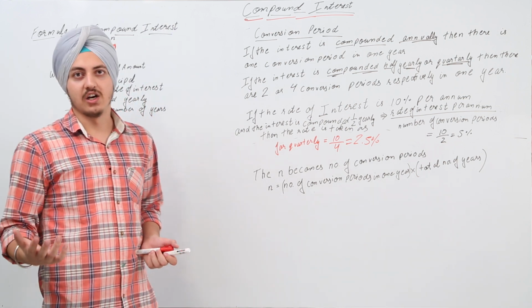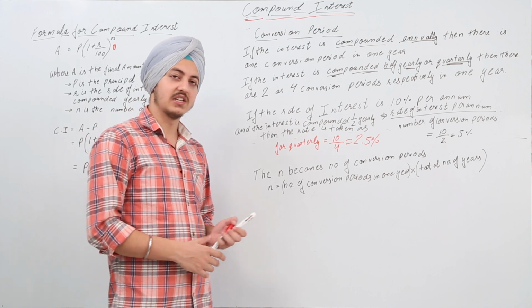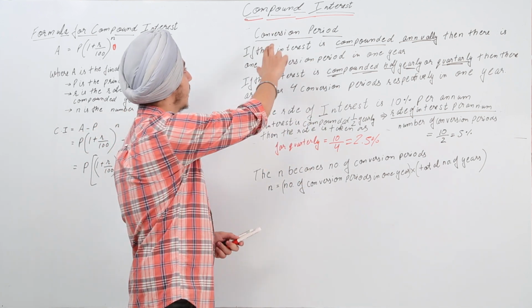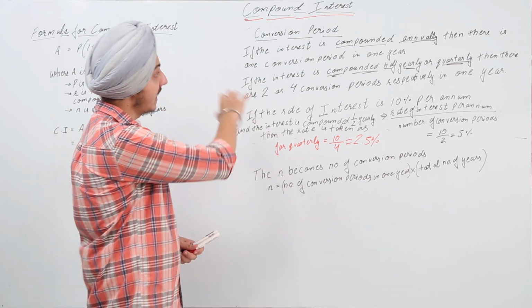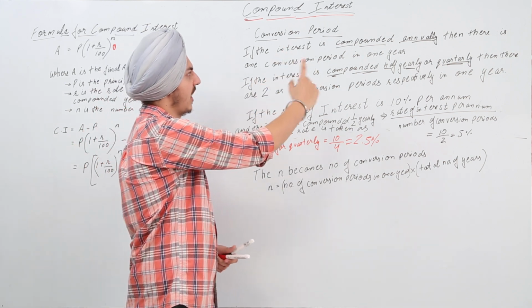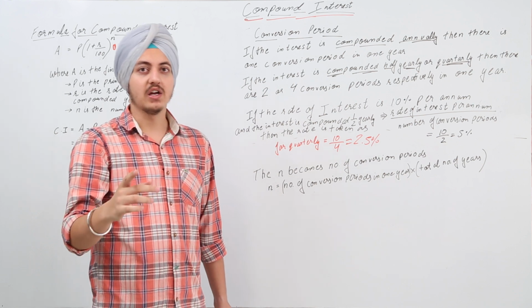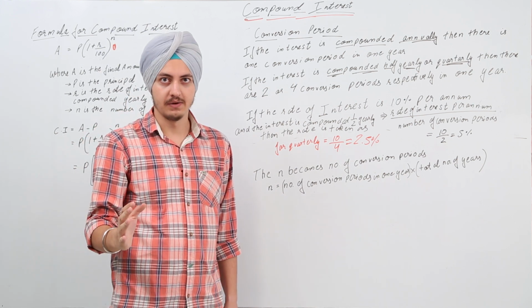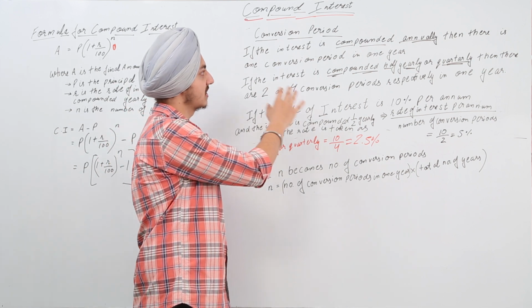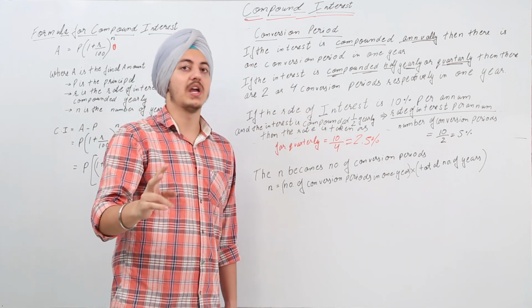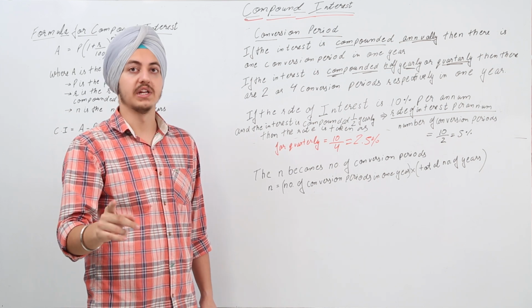Then there is another term that comes into existence, that is the conversion period. What is conversion period? If the rate of interest is compounded annually, then we have one conversion period in 1 year. If the interest is compounded half yearly, then we have two conversion periods in 1 year.